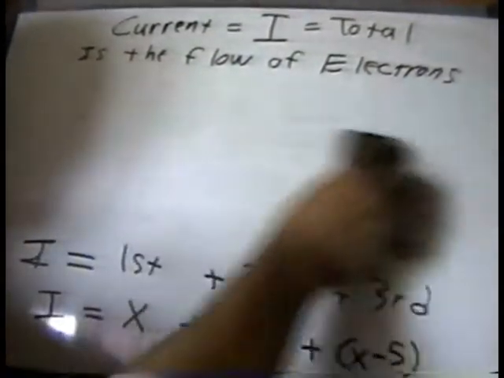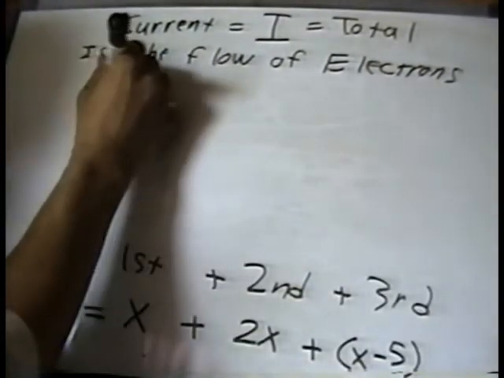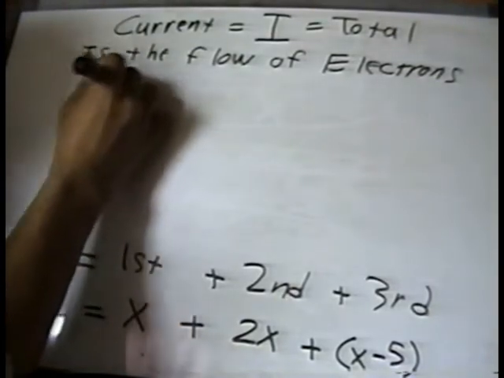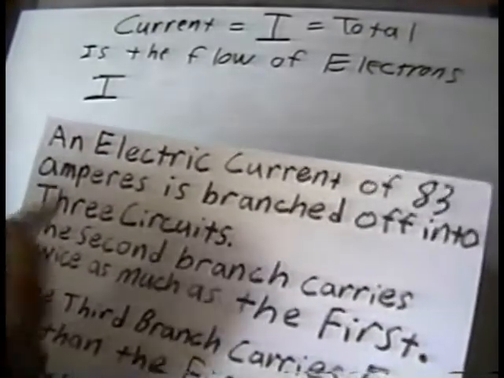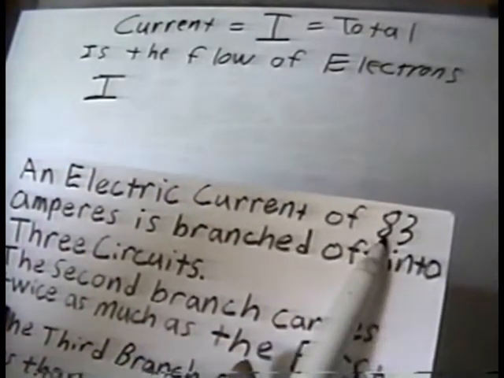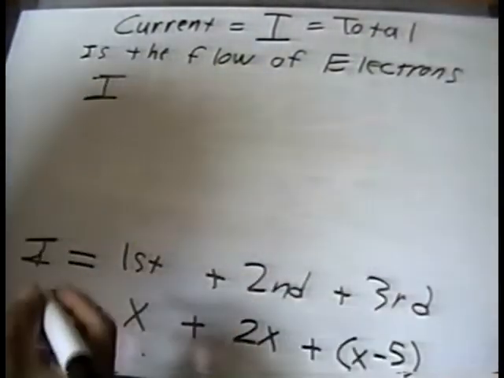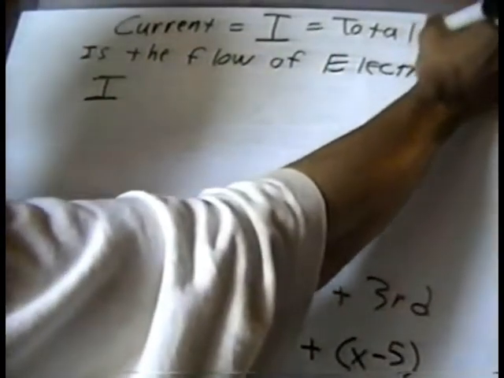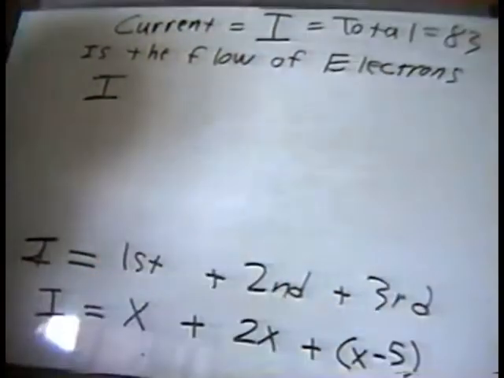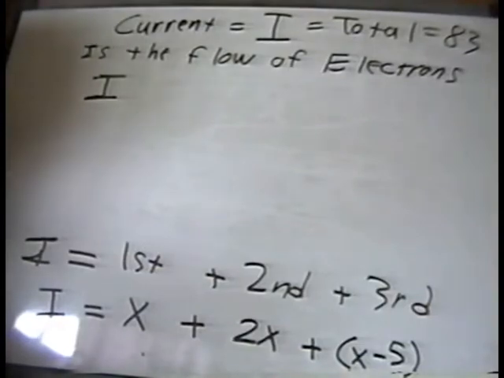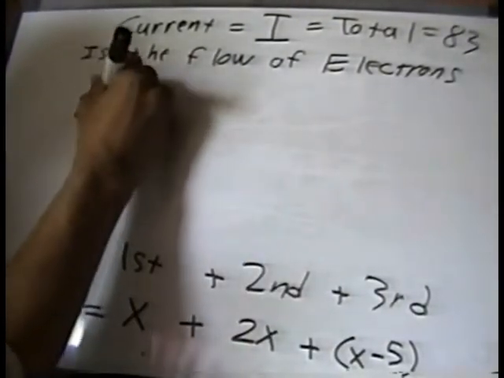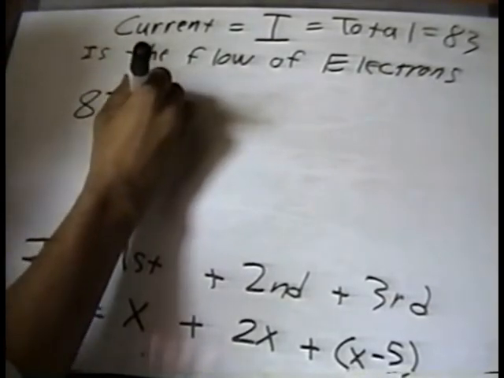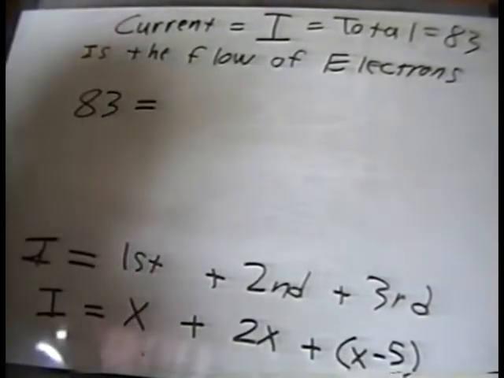Okay, now we use our formula. Now I should be able to erase this now. You should have drawn it already. Now I is the total flow. Now they gave us the total flow, an electric current of 83.